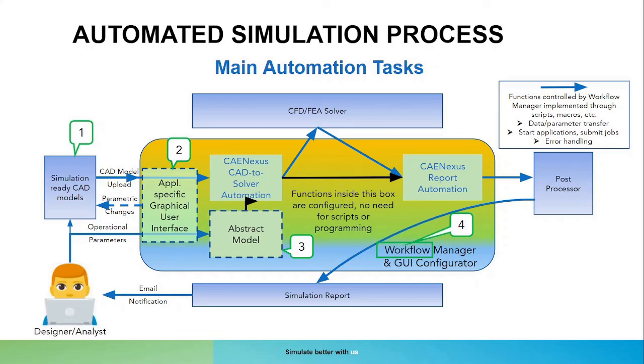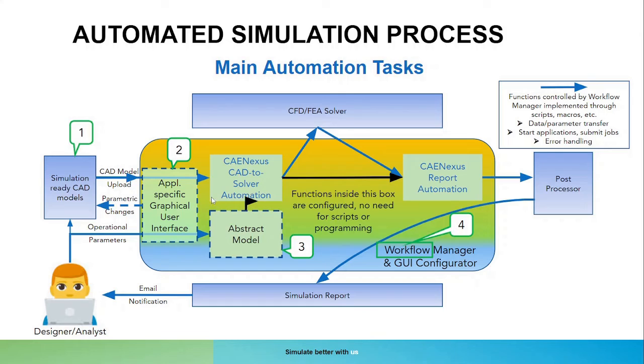Let's have a quick overview of the automated simulation process. So here you can see the designer or the analyst will create simulation-ready CAD models and submit them to the server through the graphical user interface.